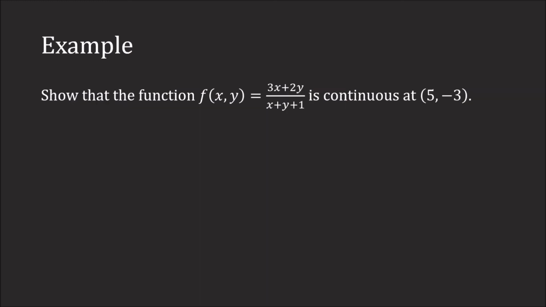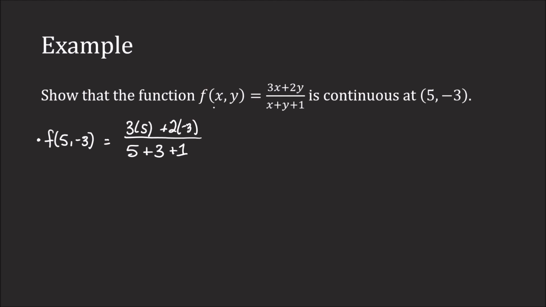So let's show that this function is continuous at the point 5, negative 3. So the first thing we have to do is show that f of 5, negative 3 is actually defined. It exists. Right? Well, this will be 3 times 5 plus 2 times negative 3 all over 5 plus negative 3 plus 1. Evaluating a multivariate function is the same way as we evaluate single variate.